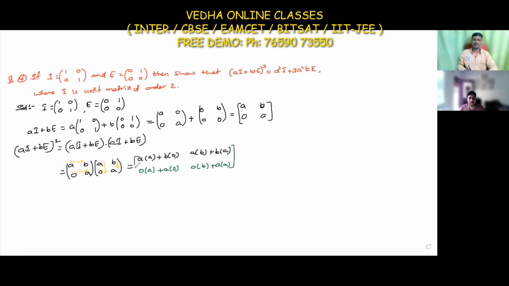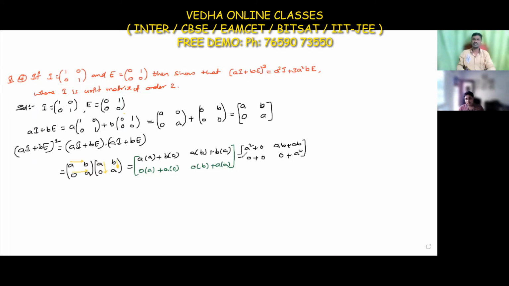Now a into a is a square, b into 0 is 0, ab plus ab. 0 into b is also 0 only, plus a into a, which is a square.